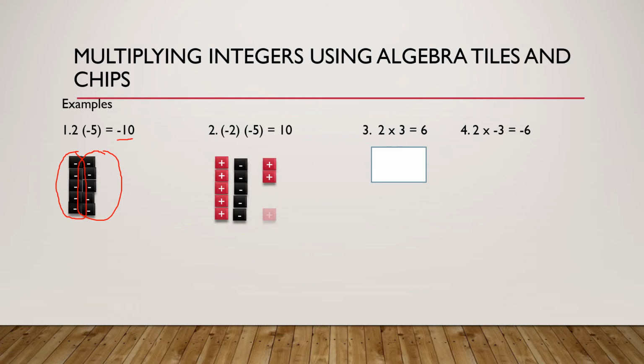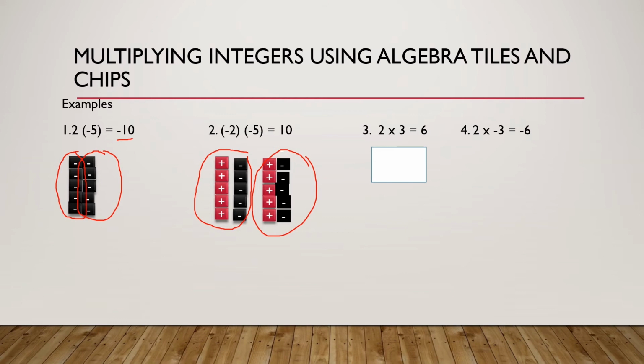Let's see the other. Okay. Now, here we have two groups of pairs. Why pairs? Because positive and negative make zero, right? Okay, two groups of pairs.